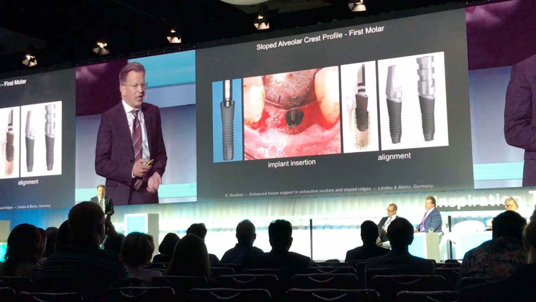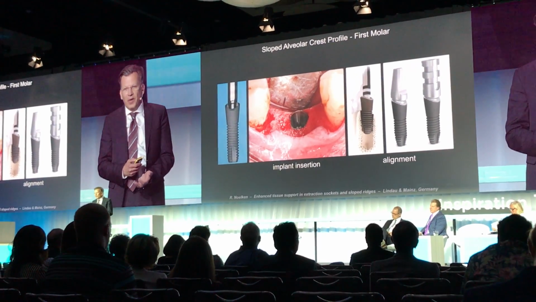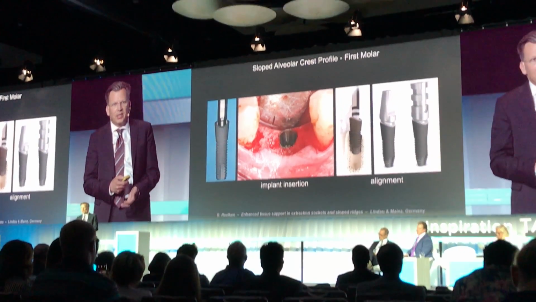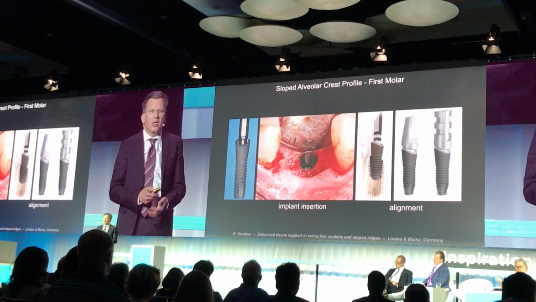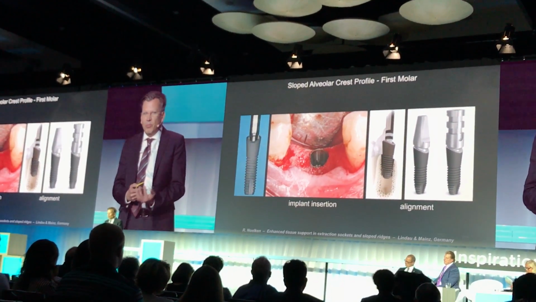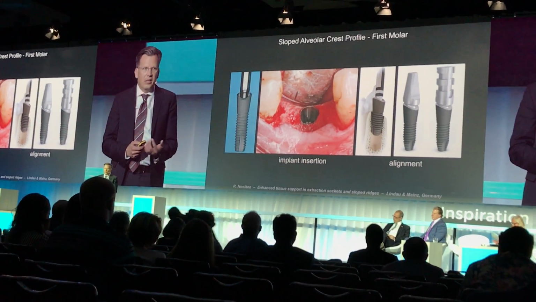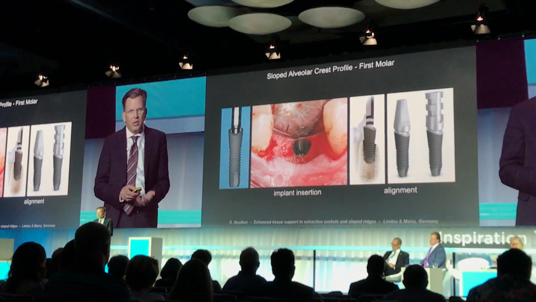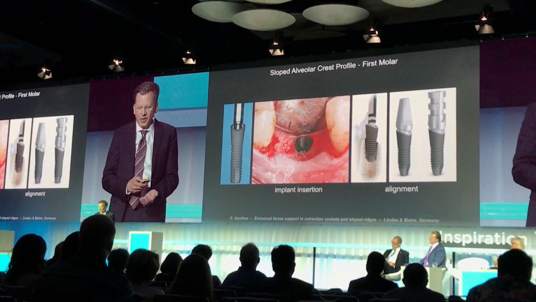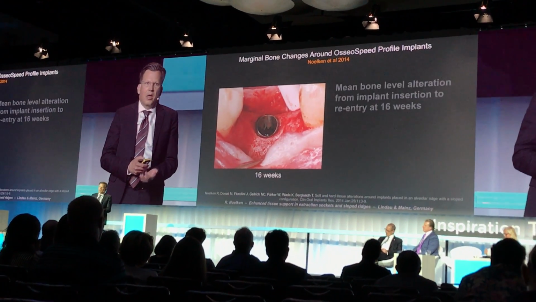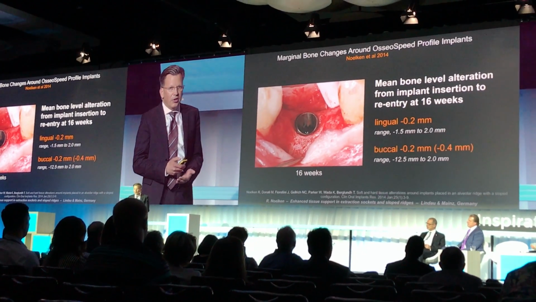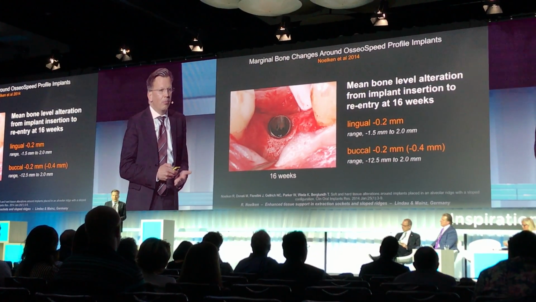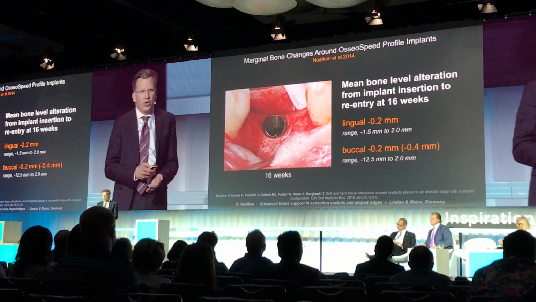Here you can see an example of how a profile implant is correctly placed in this sloped crest, preventing bone augmentation, maintaining the lingual bone height, and with circumferential bone support. From implant placement to the 4 months re-entry, we lost just 0.2 millimeters of marginal bone.